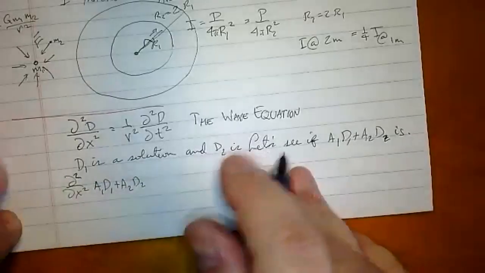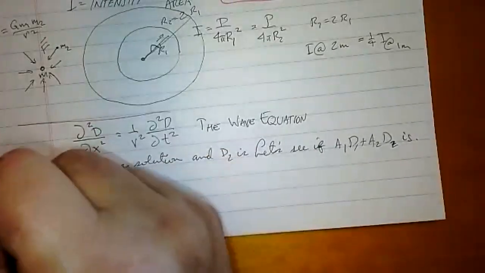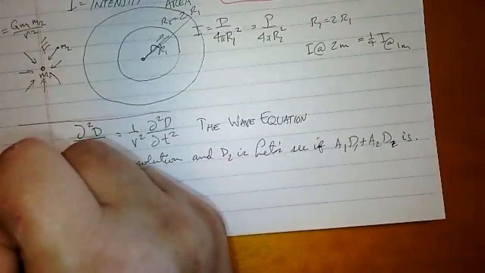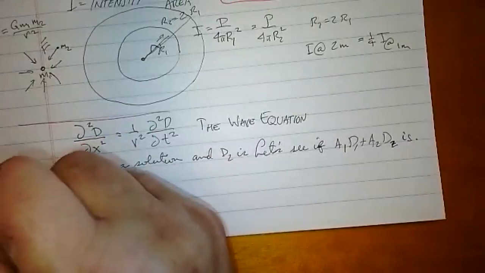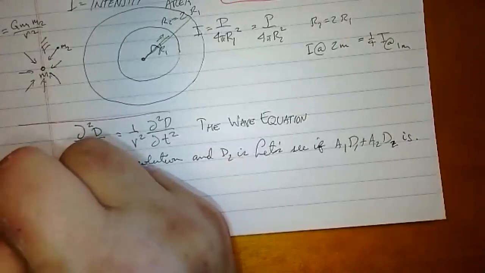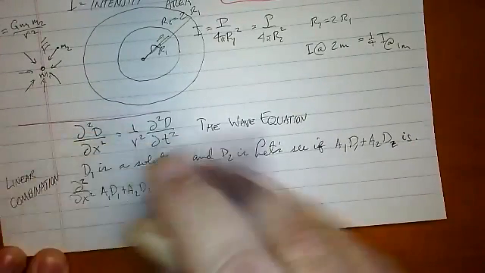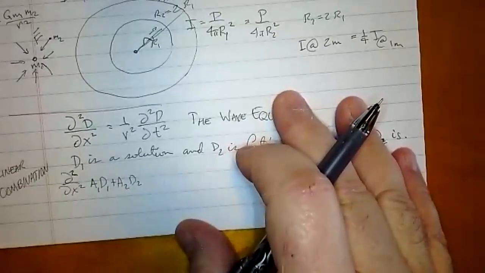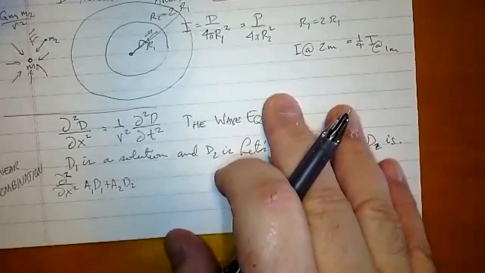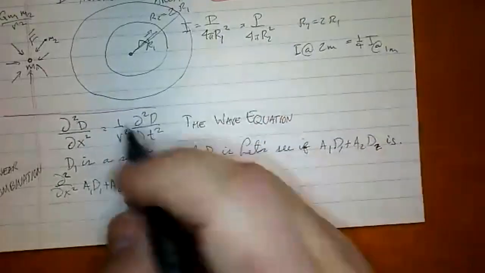So these A's are supposed to just be constants. This is called a linear combination. And any thing that takes a linear combination and spits out individual separate parts, just like they had before, is called a linear operation or a linear operator.